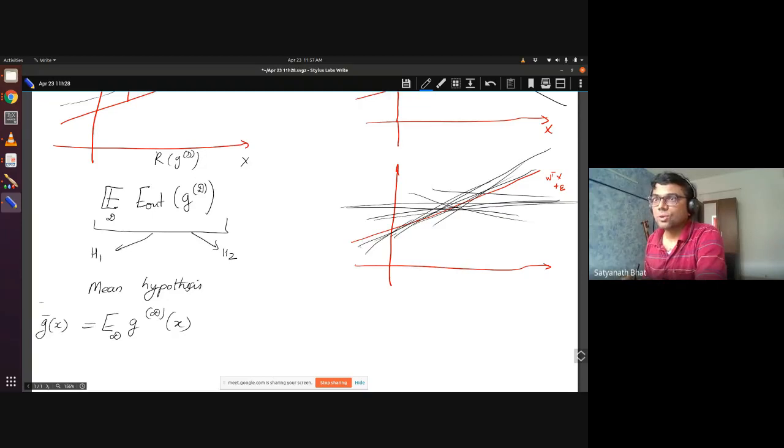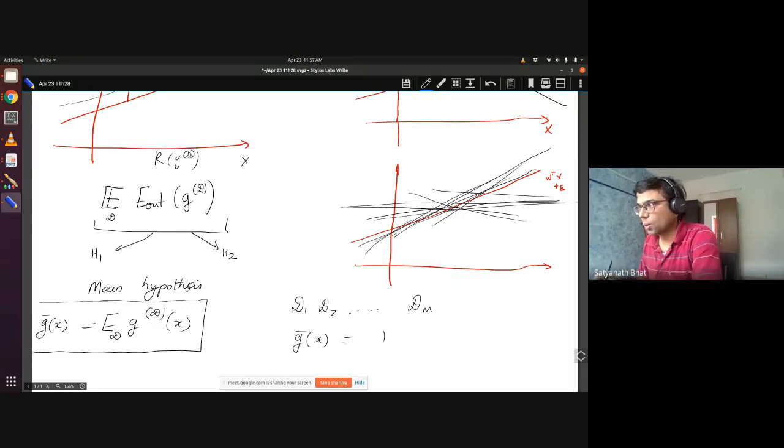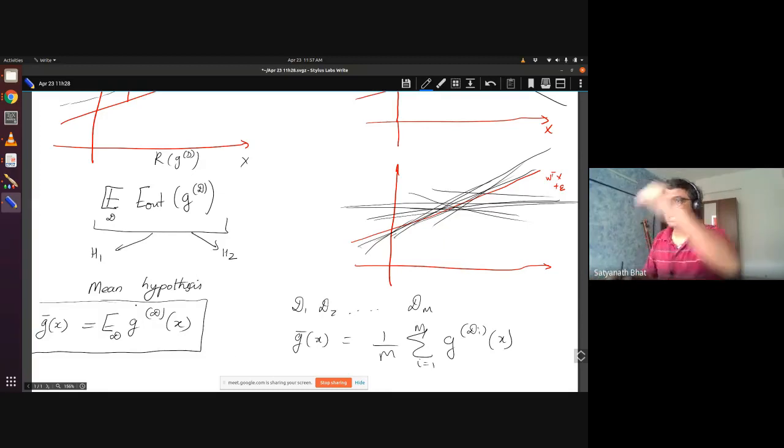Okay. So if you want to compute this using experiments, what you can do is draw several samples D1, D2, up to some DM, and then G bar, your estimate, is equal to 1 over M summation of G Di of X, i equal to 1 to M. So this will give me my mean hypothesis.